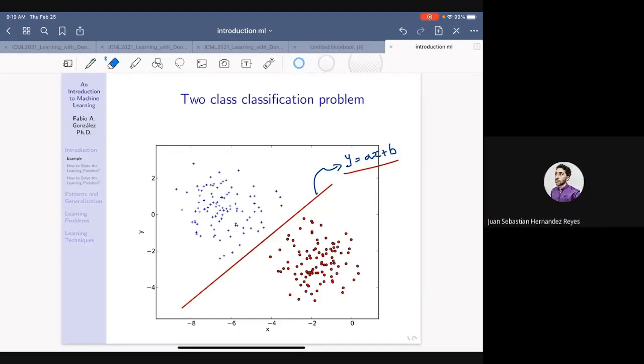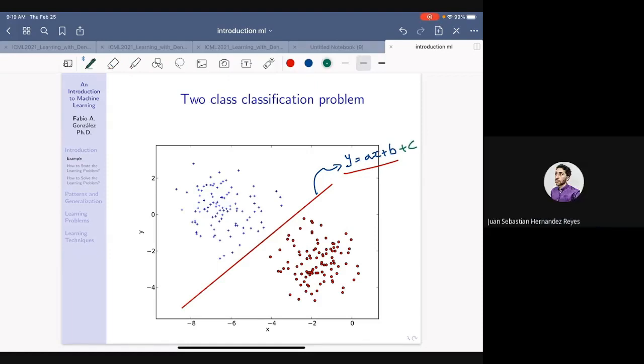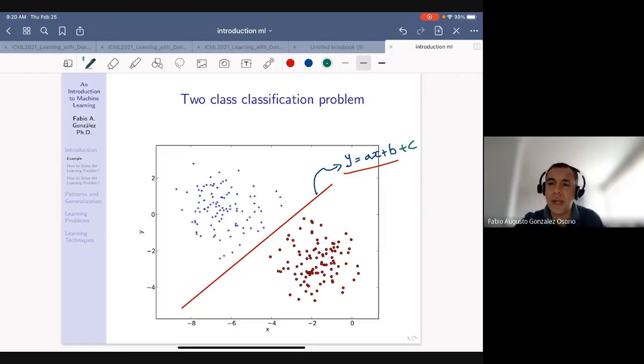In the chat it is Luis Alejandro: W0 plus W1 times X, and so on. Oh, so it's not the same. Because an extra term will be a C, but you can put the B with the C. So what's the difference with what Luis Alejandro is saying?